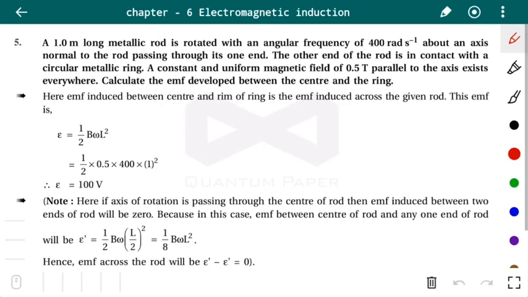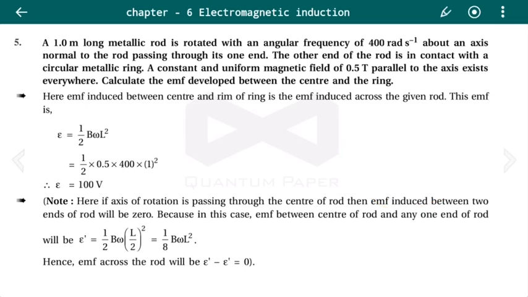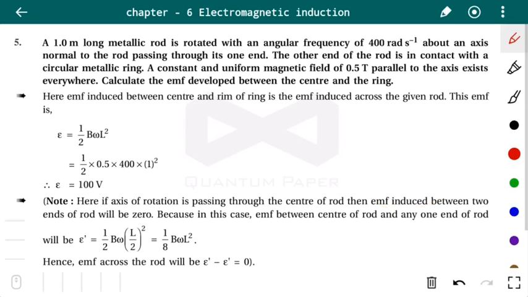So, there is a 1 meter long metallic rod. It is rotated with an angular frequency of 400 radian per second about an axis which is normal to the rod through its one end.